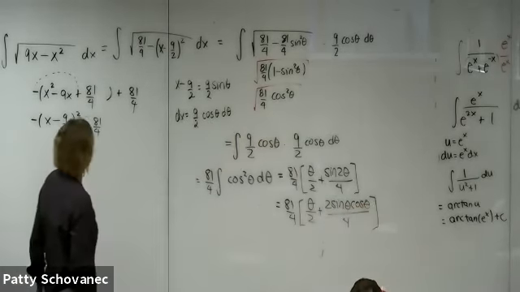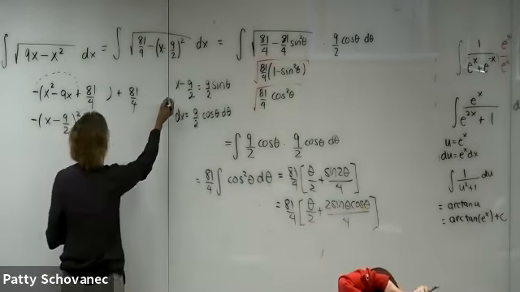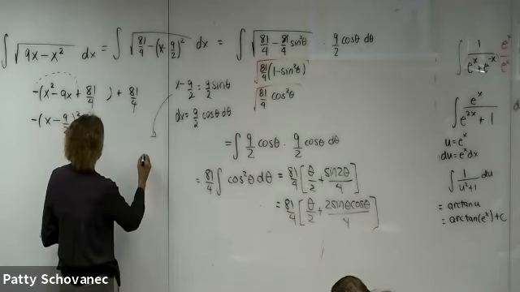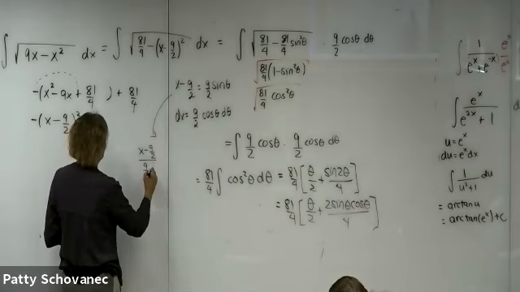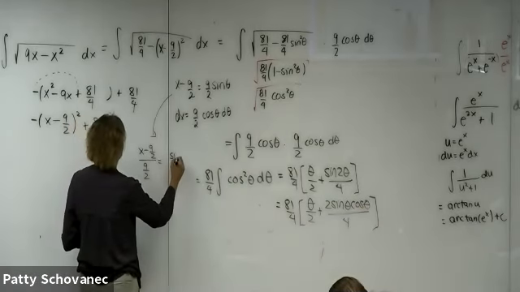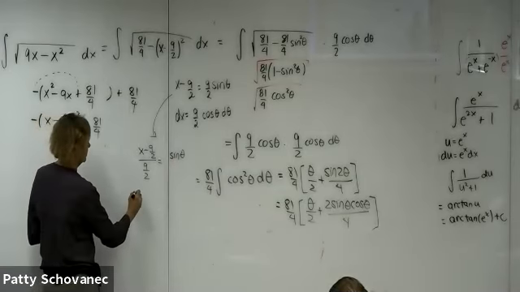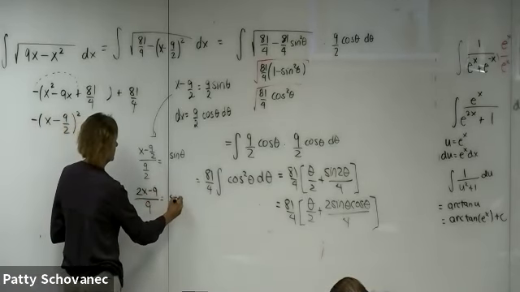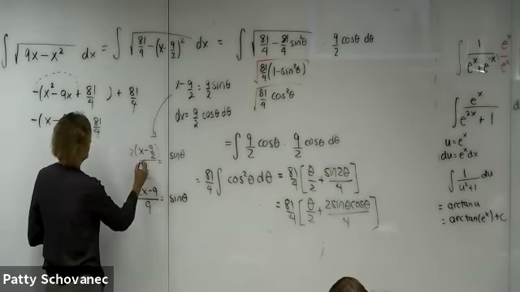We did that so that we can go back to our triangle now. I've got to find a triangle from here. From there, I can say that x minus 9/2 divided by 9/2 is the sine of theta. I can make that look prettier if I multiply top and bottom by 2. 2x minus 9 over 9 is the sine of theta, just multiplying that by 2 and that by 2.